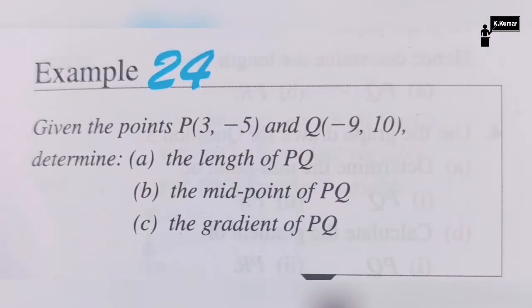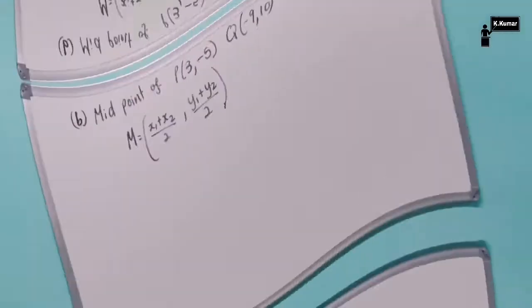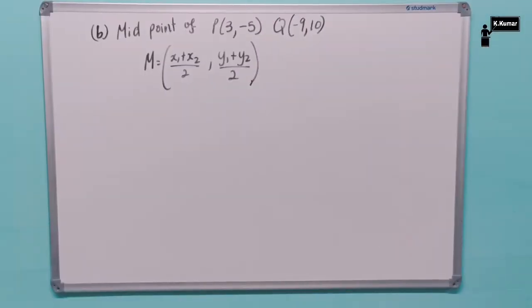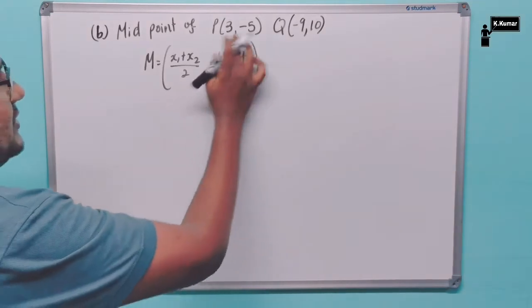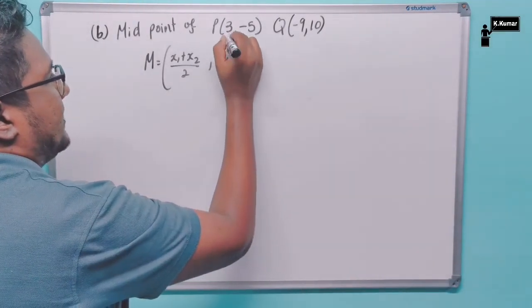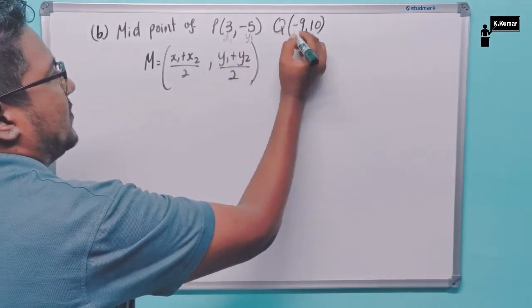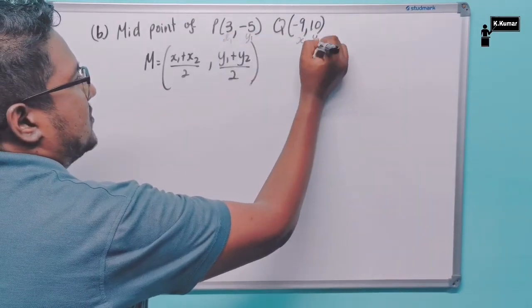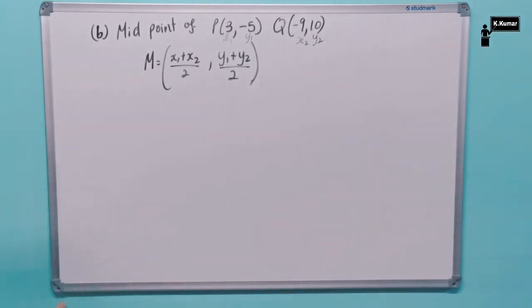We are now going to work the B part of the question, and that is the midpoint of the line PQ. In this example, we have to find the midpoint of the 2 points P and Q, and P is (3, -5) and Q is (-9, 10). We have our formula here, so let's identify our coordinates. This is x1, y1. This is x2, y2.